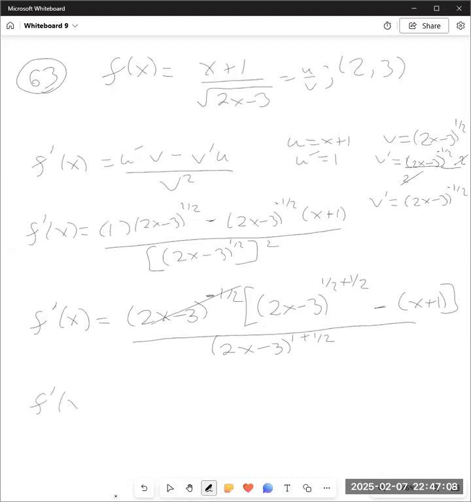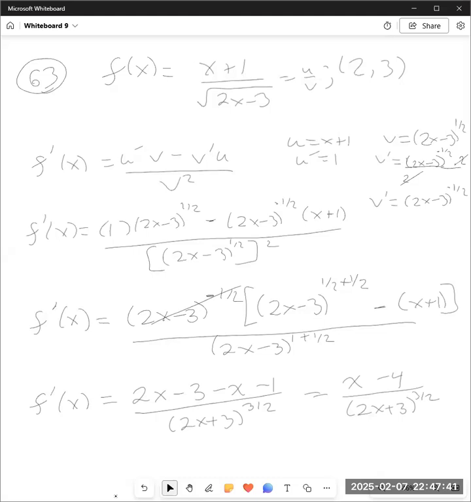F prime of x is equal to (2x minus 3) minus x minus 1 over (2x minus 3) to the 1 plus 1/2, which is 3/2. So this is 2 minus 1, which is 1x. Negative 3 minus 1 is a negative 4, over (2x minus 3) to the 3/2 power.